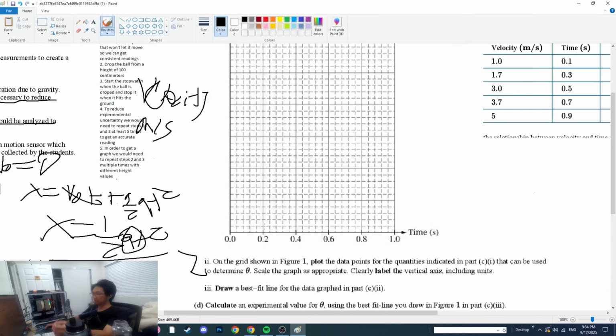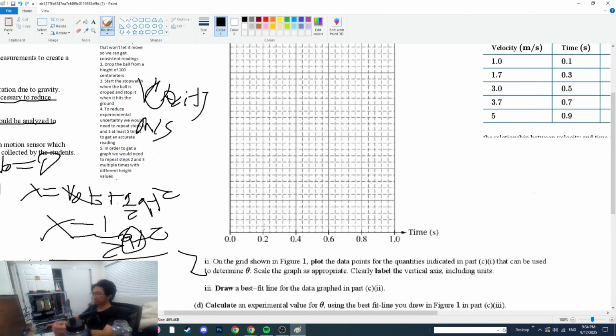And in order to graph this, at 0.1 seconds we'd have a velocity of 1 meter per second, so that would be over there. At 0.3 seconds we would have a velocity of 1.7, so it would be right there. And at 0.5 we'd have a velocity of 3, right there.